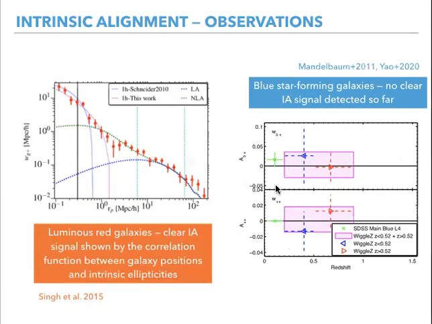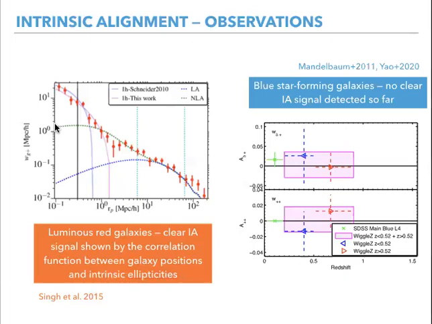For the blue galaxies, which people think spin is the main factor that decides the shape that we observe, there is no clear intrinsic alignment signal detected so far. This is in agreement with the quadratic alignment model in the linear case.